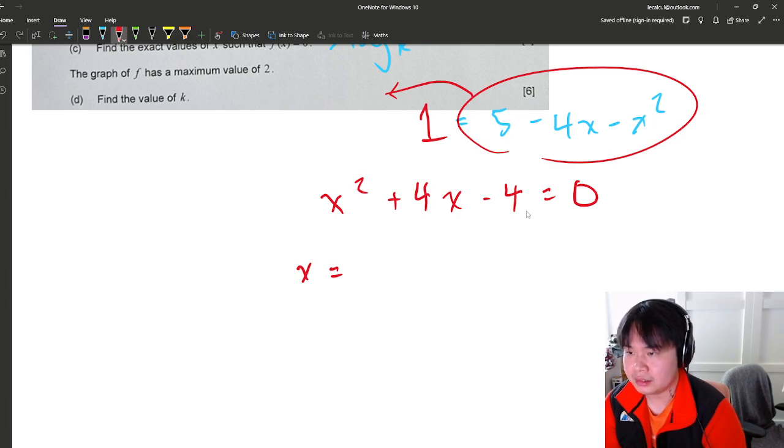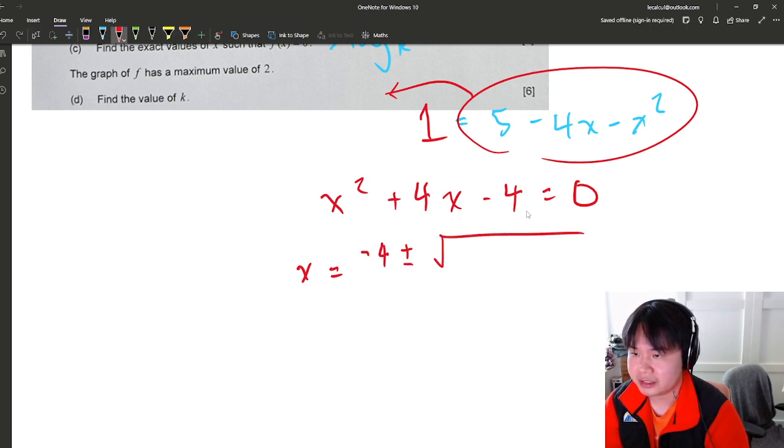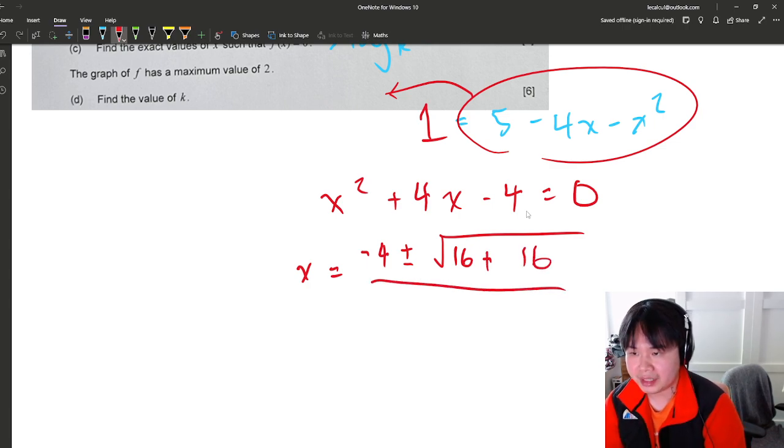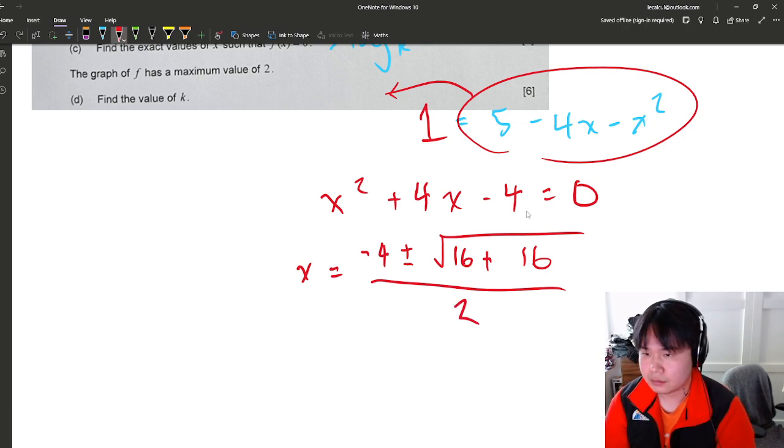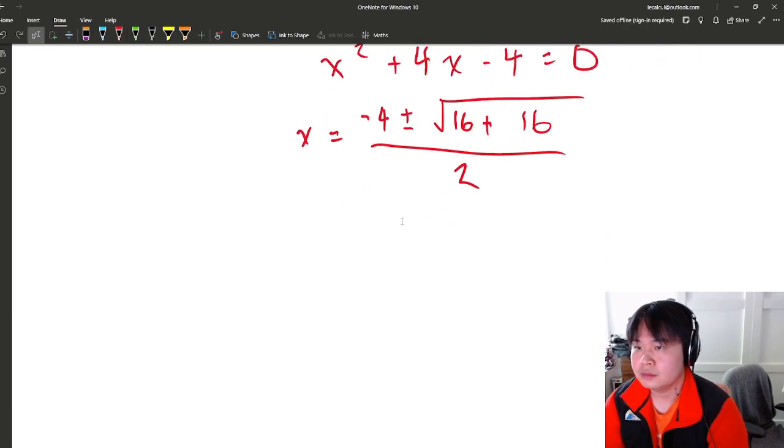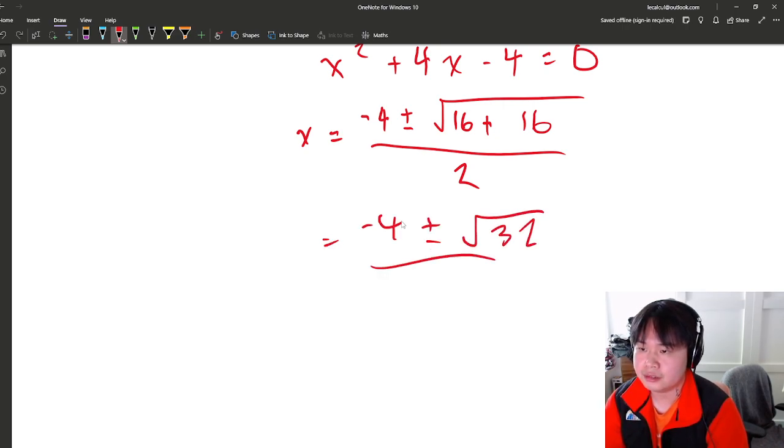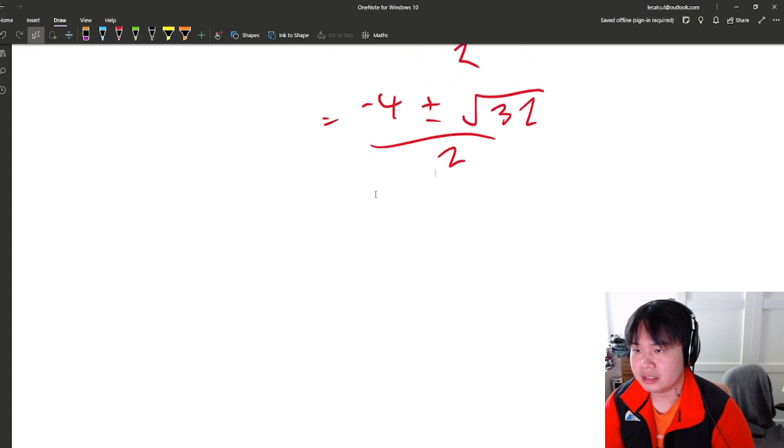So x equals negative b plus or minus square root of b squared, so 16 minus 4 times a, which is 1, times c, which is negative 4, so 16 plus 16, divided by 2a, so 2. Okay, negative 4 plus or minus the root of 32 over 2.